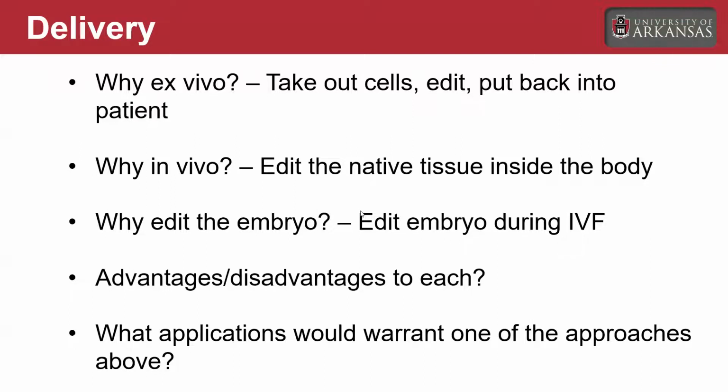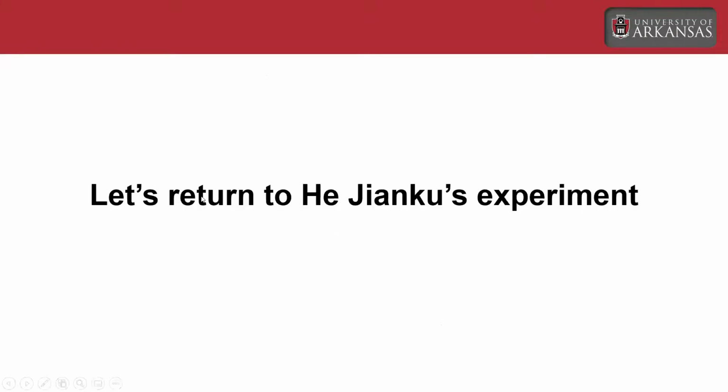Why would you need to do that? You have to, because you can't pull the tissues out. The third one, why edit the embryo? That is only during in vitro fertilization. That's the only way we can do it right now. There are advantages and disadvantages to each, and certain applications are going to be more appropriate for some diseases than others.